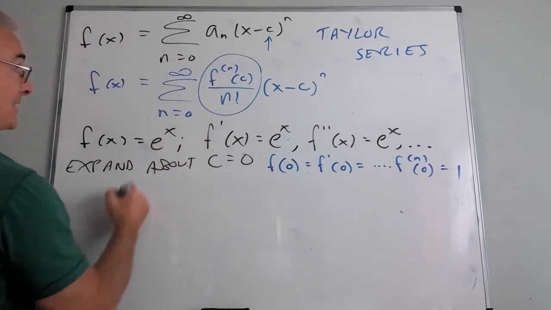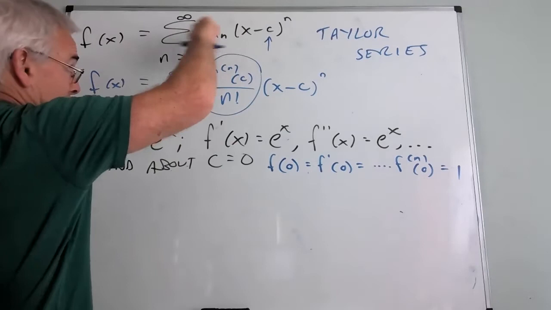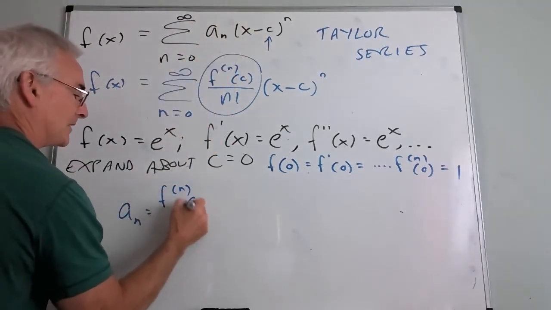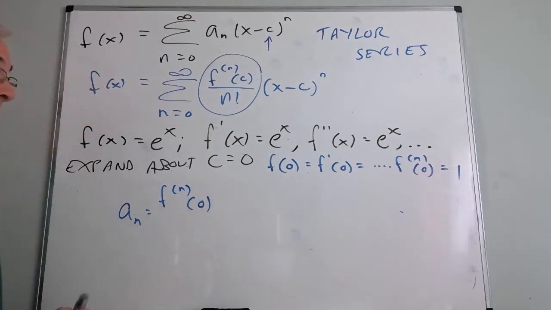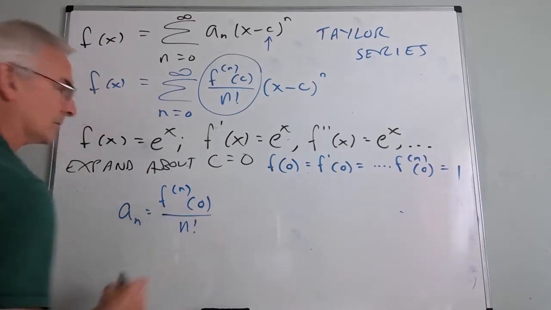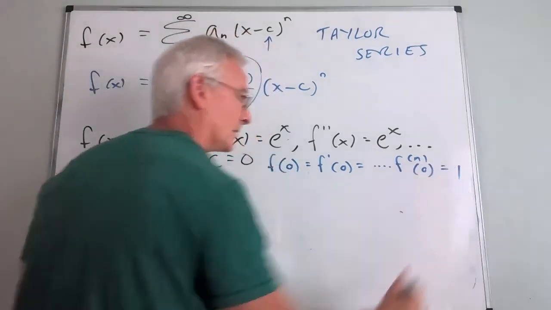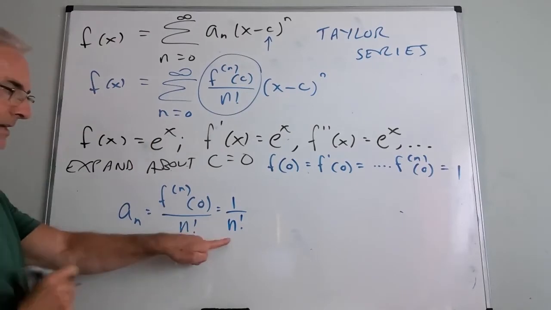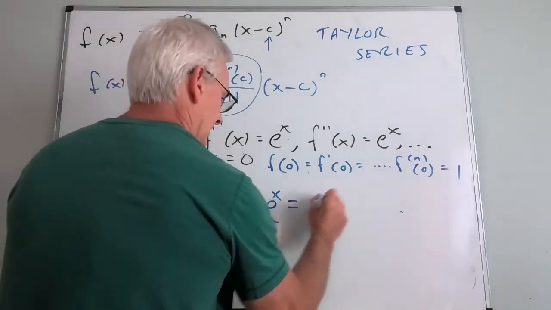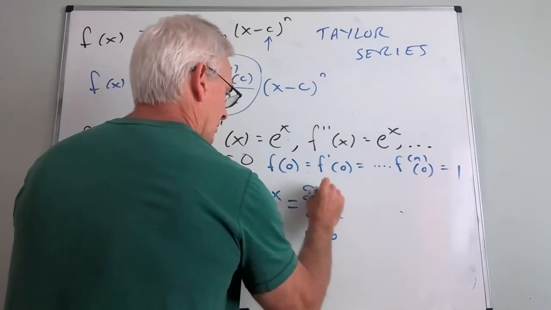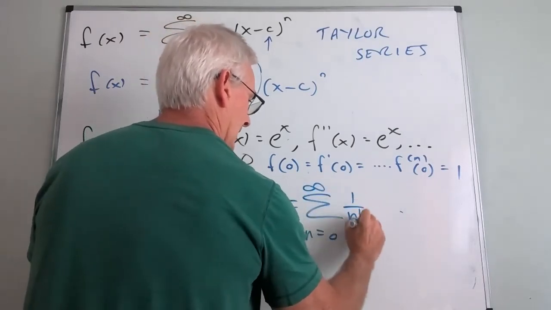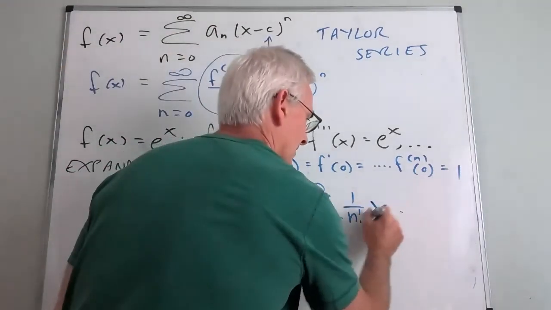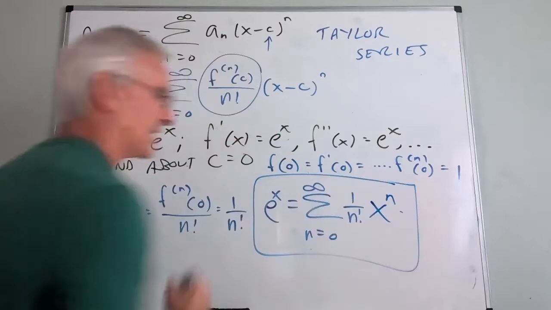For the expansion of e to the x, my an is supposed to be the nth derivative evaluated at, in this case, 0, over n factorial. Didn't you just tell me that's always 1? So that means my an is 1 over n factorial. So I can now say e to the x equals the sum from 0 to infinity of an times x minus 0 to the n, isn't it?